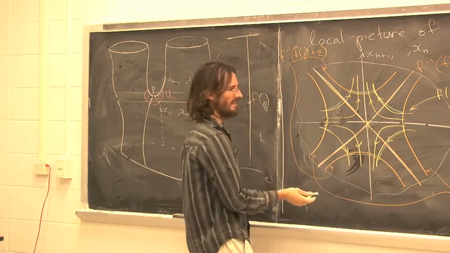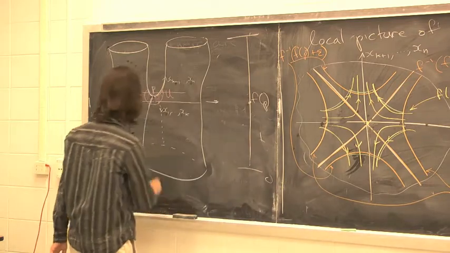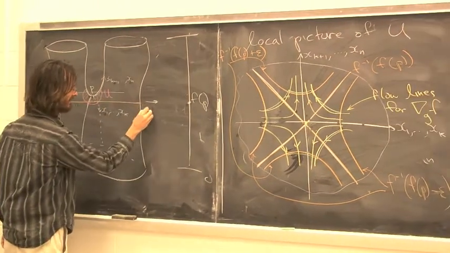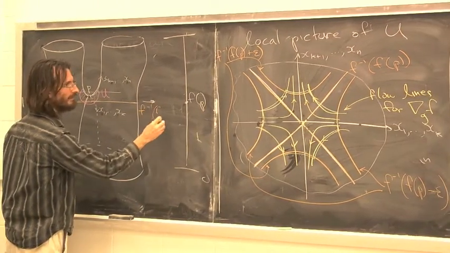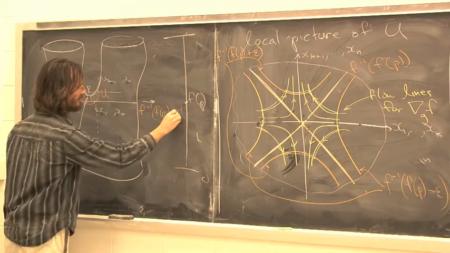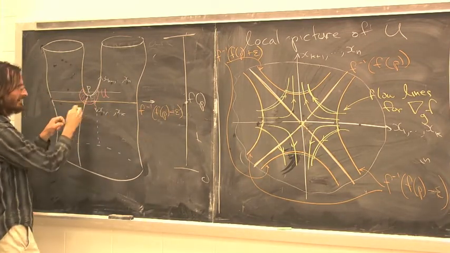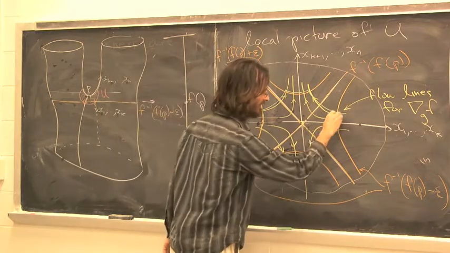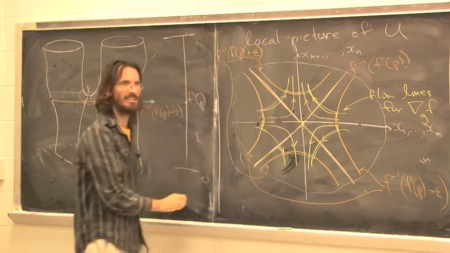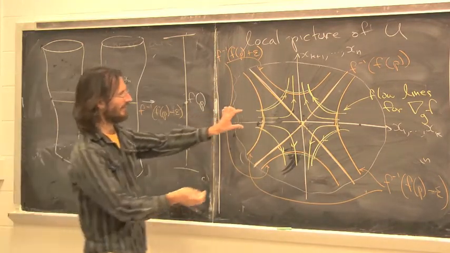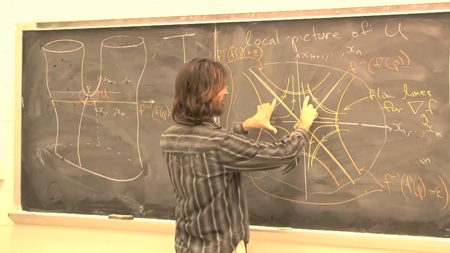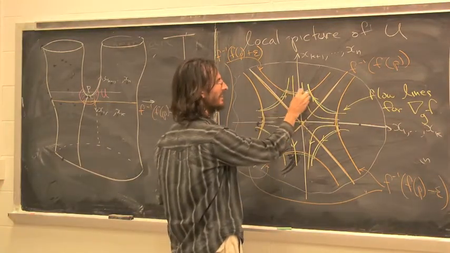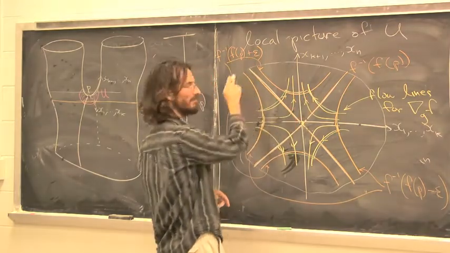Remember, this here is F inverse of F of P minus epsilon. And this little bit of it there is what we're seeing here. Then I'm going to take that little bit and look at everything I get by flowing forward until I hit F inverse of F of P plus epsilon.